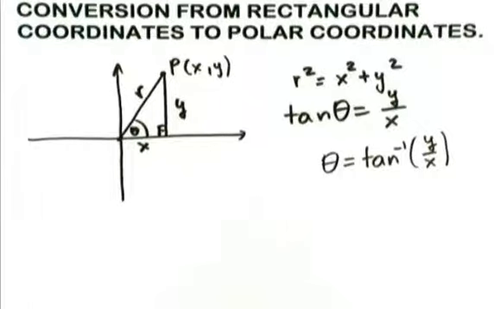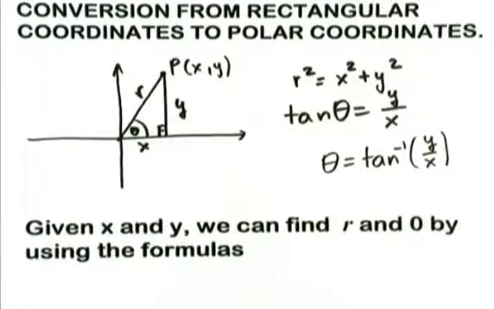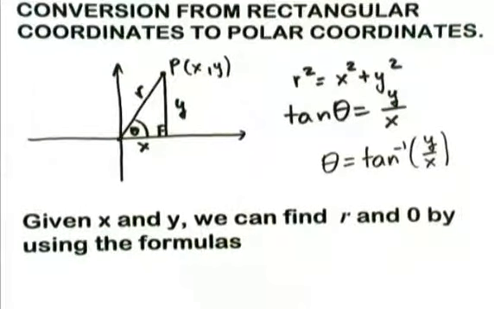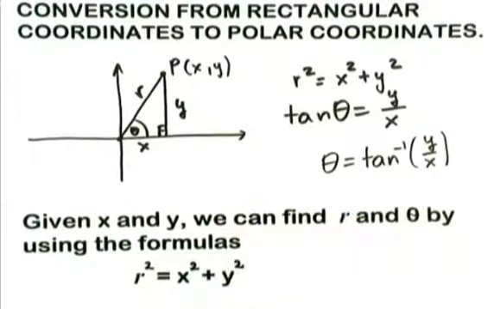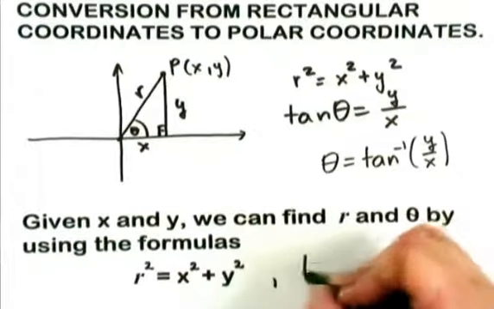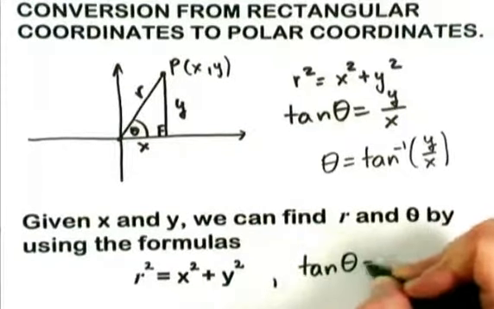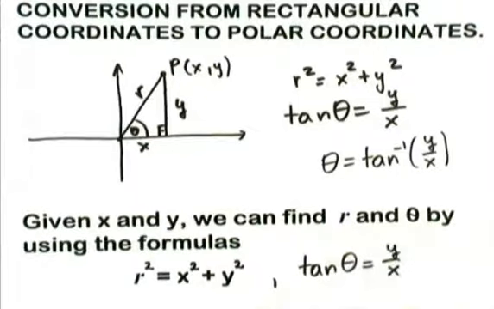So we can summarize this. Given x and y, we can find r and theta by using the formulas. r squared is equal to x squared plus y squared, and the other formula is tangent theta is equal to y over x.